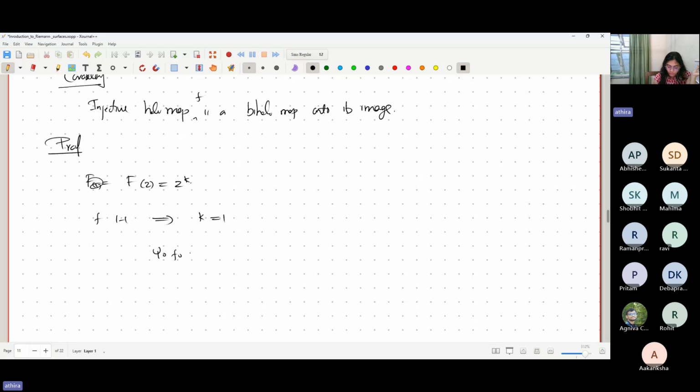Psi composite f of phi inverse of z is z. Isn't it? Right. That means f is invertible, and f inverse, because these charts are holomorphic, is also holomorphic. So f is biholomorphic onto its image.